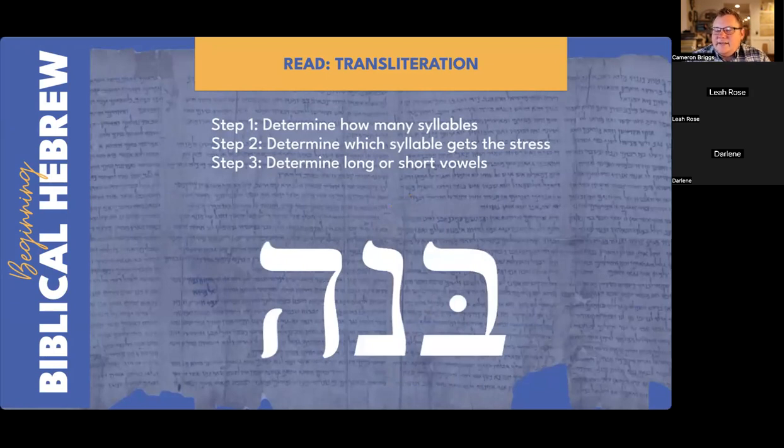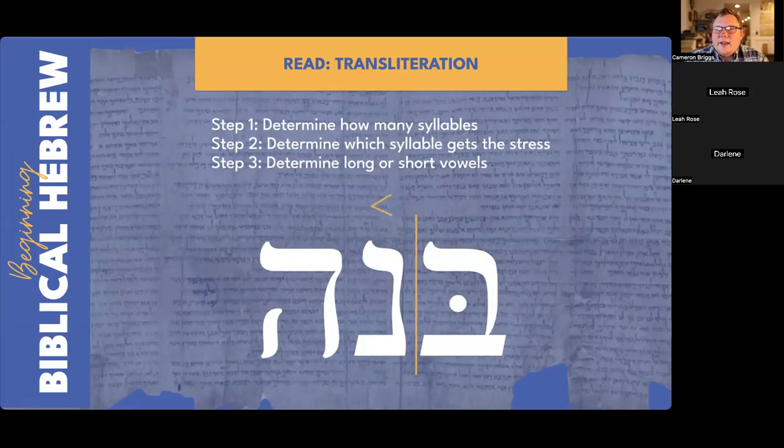All right, and this is the verb to build. It is pronounced bana. So we've got two syllables. The stress is on the final.